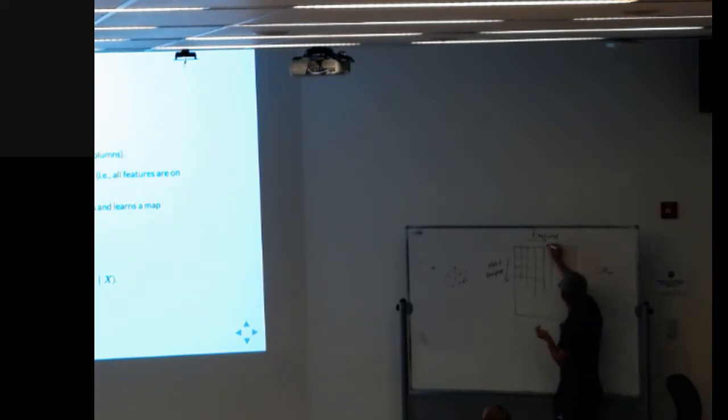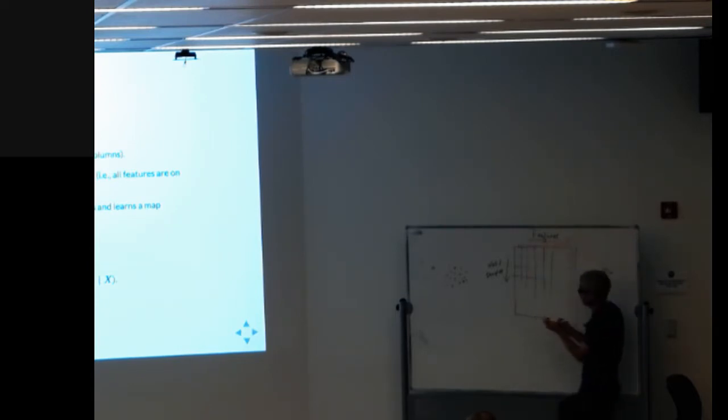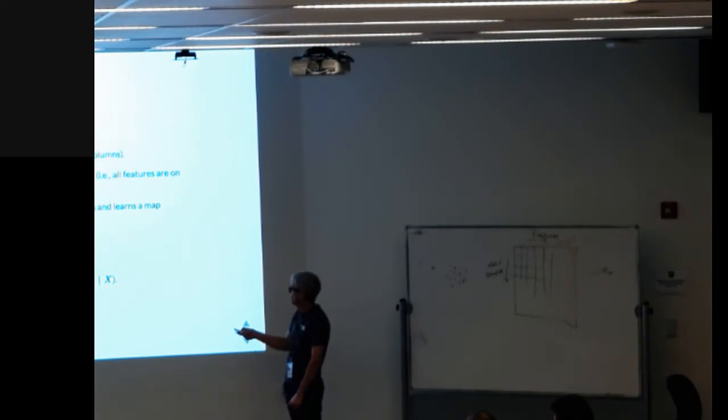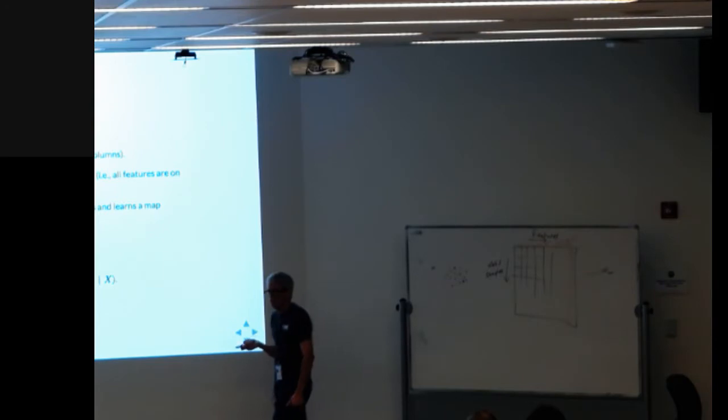If we call the rest of this stuff X, we're going to try to learn a map from X to Y. So supervised learning is learning a map from X to Y. Unsupervised learning is just treating all of the features on an equal footing. So in the language of probability, unsupervised learning is learning a joint probability distribution over all the features, and supervised learning is learning a conditional probability distribution: what's the probability of a label given the other features in the data?